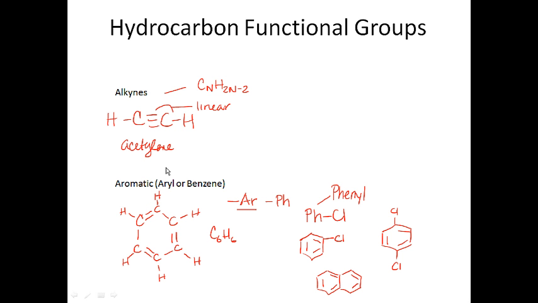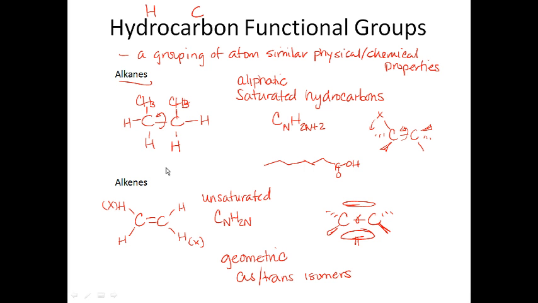So all four of these are hydrocarbon functional groups because they only contain carbon and hydrogen. The one that's probably the most important, but for a unique reason, is the alkanes.